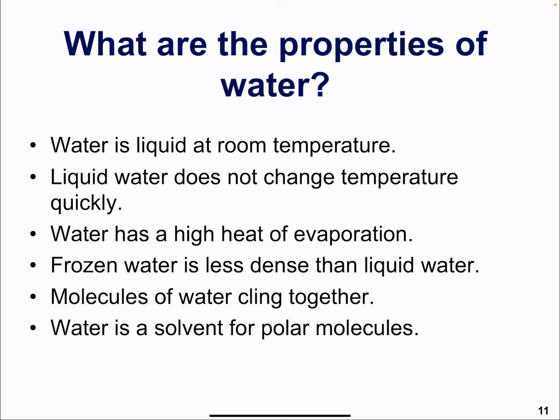Now, we talked about water earlier, how oxygen and hydrogen come together to form a molecule. There is more to that story than simply forming molecules. We noticed that water is the solvent of life.